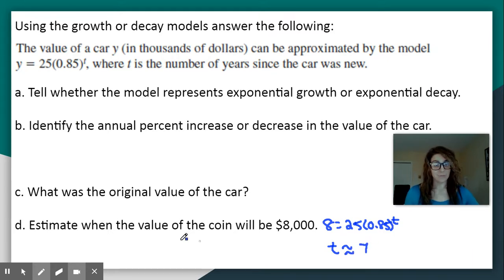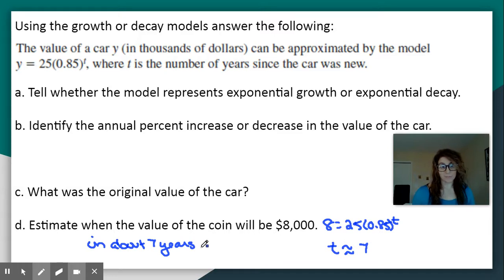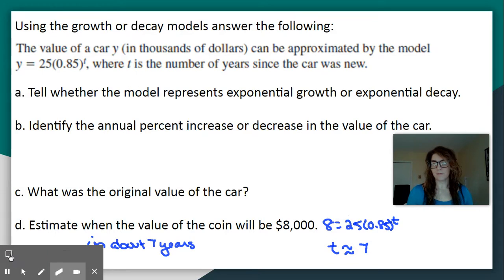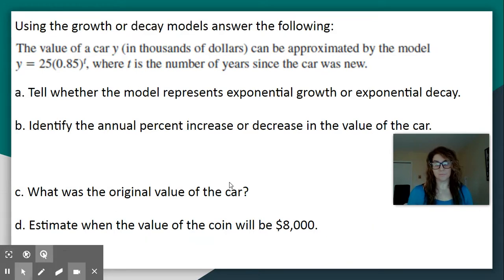So in about 7 years. Okay, so again, we can use that table feature of Desmos, just keep hitting enter, finding it, estimate when it might happen. Okay, let's talk about the next problem.